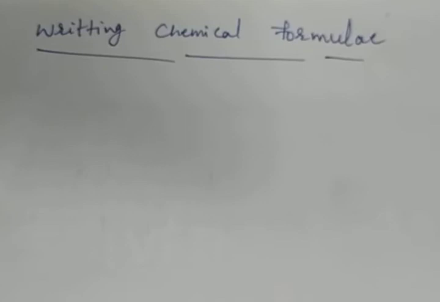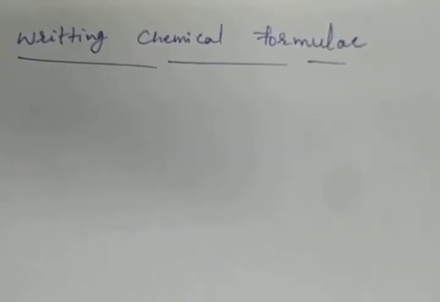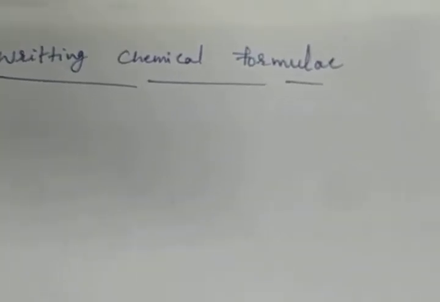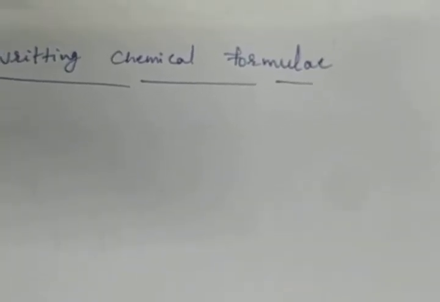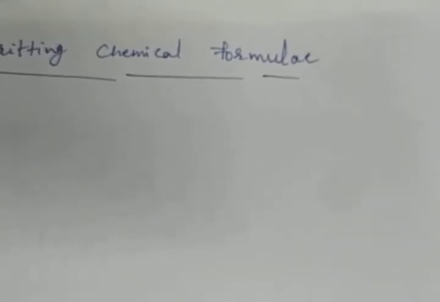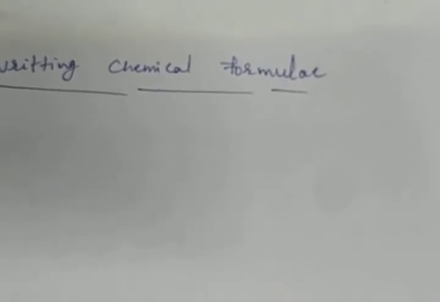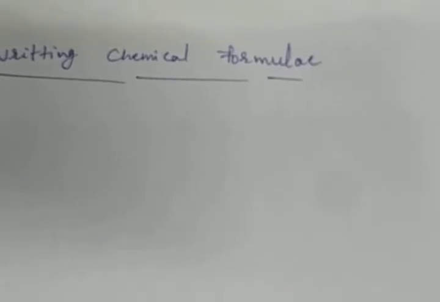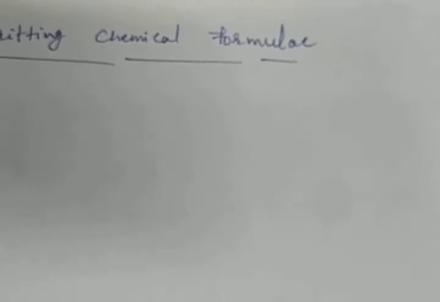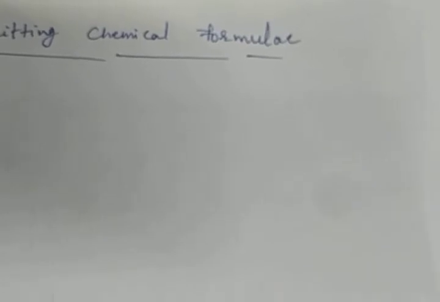The chemical formula of a compound is a symbolic representation of its composition. It represents the composition of that compound's elements symbolically.